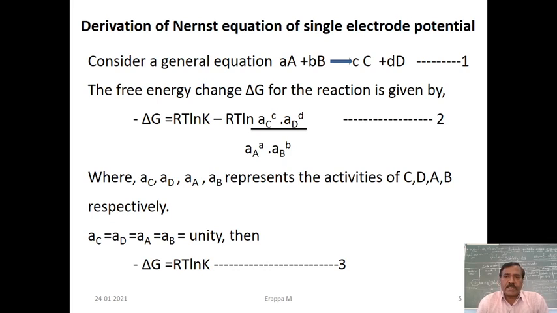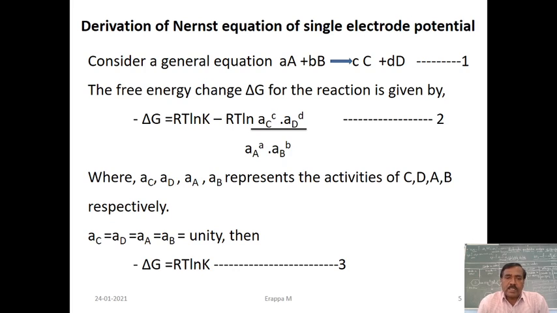The free energy change delta G for a reaction is given by minus delta G is equal to RT ln K minus RT ln of the activities of the products over the activities of the reactants: a_C to the power c and a_D to the power d, divided by a_A to the power a and a_B to the power b. This is equation 2.